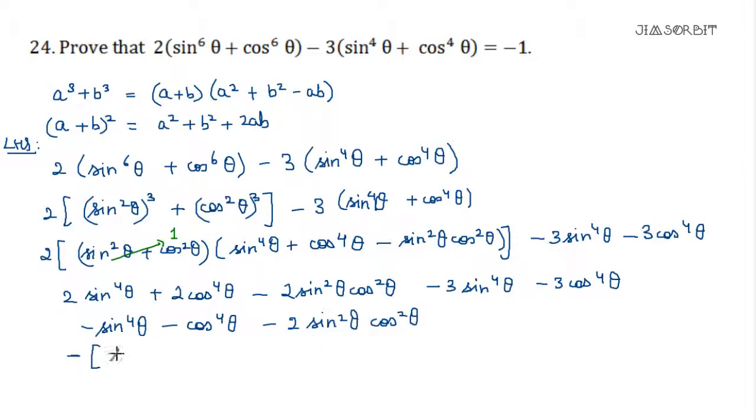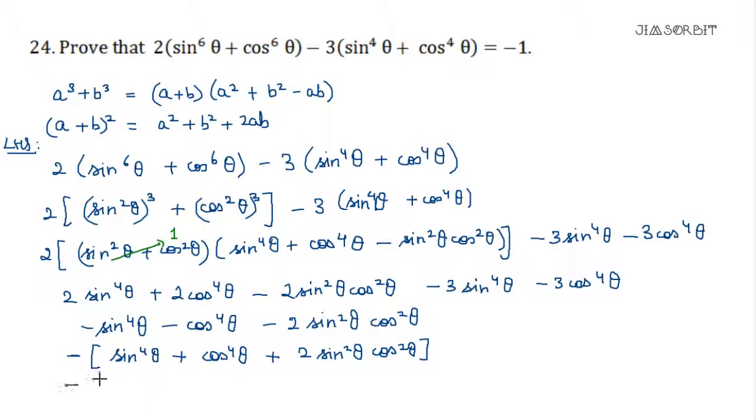We will be left with sine to the power 4 theta plus cos to the power 4 theta plus 2 sine square theta cos square theta. I hope you have understood this far. Easily, if you can apply this formula, see, a square is sine square squared, b square is cos square squared, which will be cos to the power 4, and 2ab, where a is sine square and b is cos square, gives 2 sine square cos square.